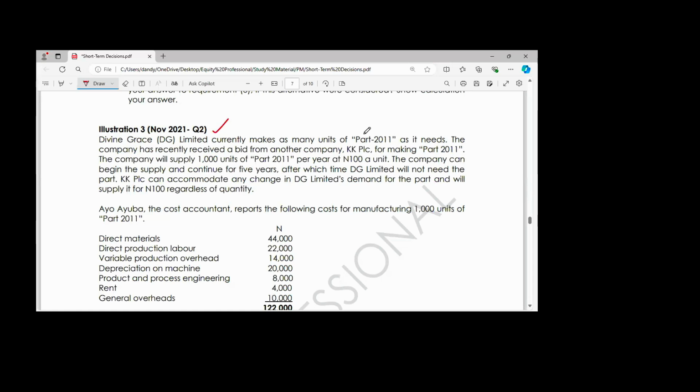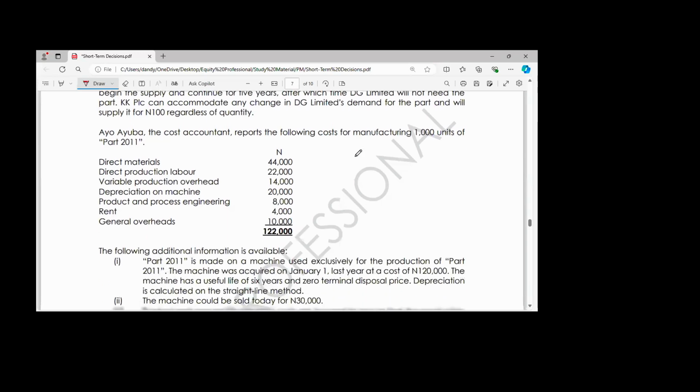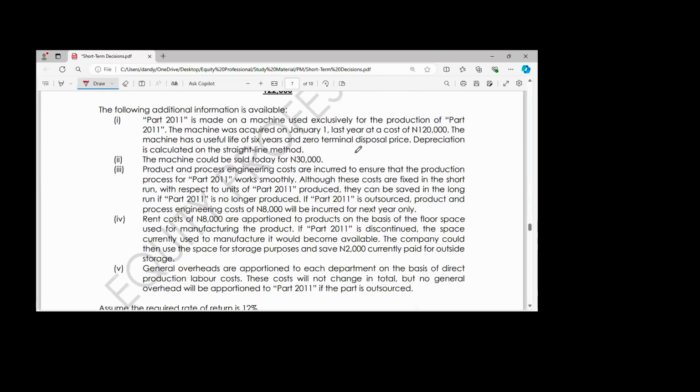of quantity. Ayo Ayuba, the cost accountant, reports the following cost for manufacturing 1,000 units of Part 2011. All figures are assumed to be correct. The following additional information is available. 1.